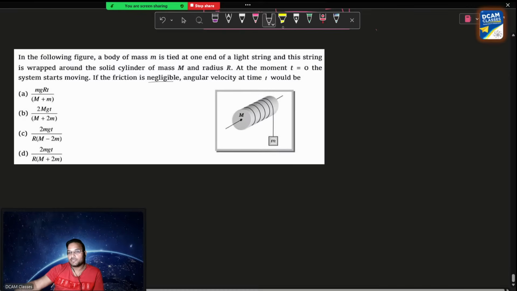With the string it has to be there, otherwise not solvable. And one more thing, because it is a cylinder, you have to take its moment of inertia I as MR square by 2.